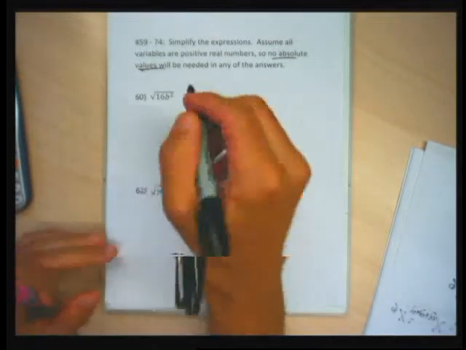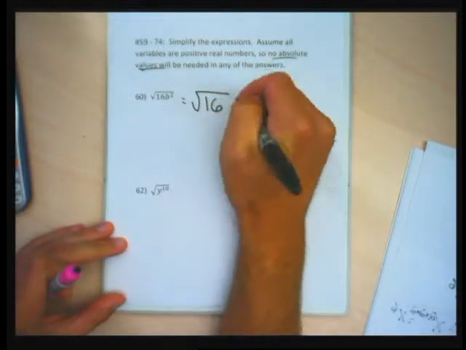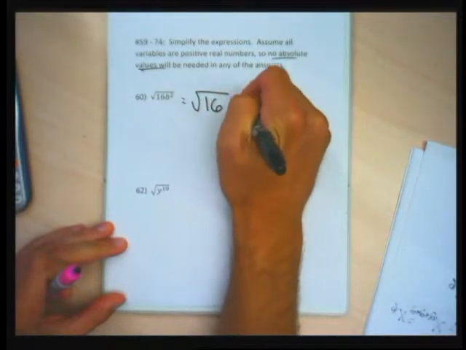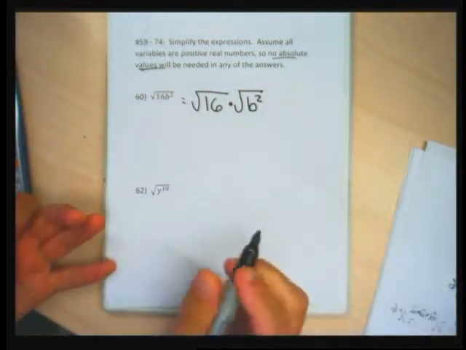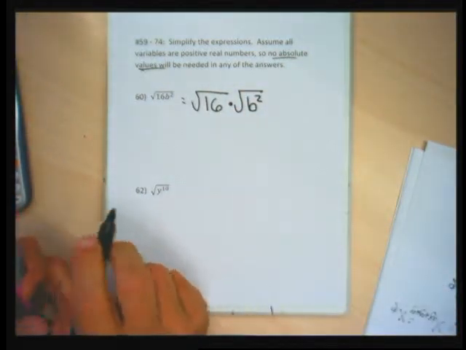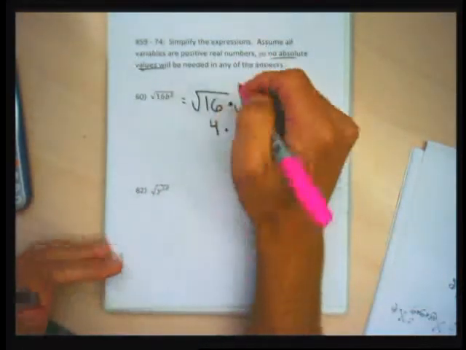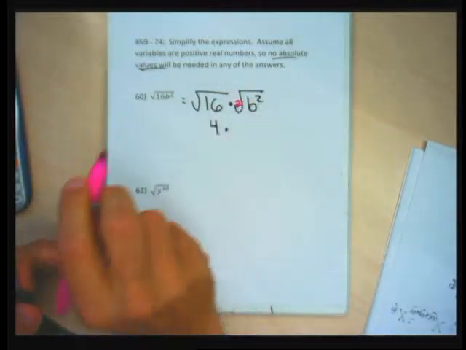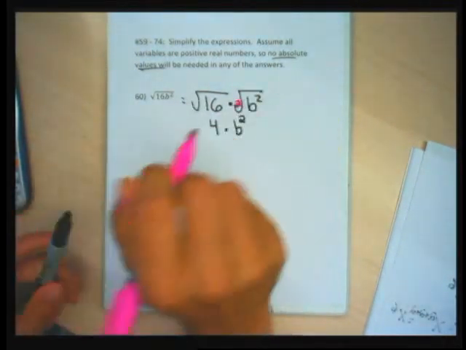60 is a combination problem. It has the square root of 16b squared. I'm going to do this like it's 2 separate problems. I consider this the square root of 16 times the square root of b squared. The square root of 16 I could actually use my calculator for. It's going to be 4. The square root of b squared, I'm going to divide the exponent by the index. So I'm going to go b to the 2 over 2 power.